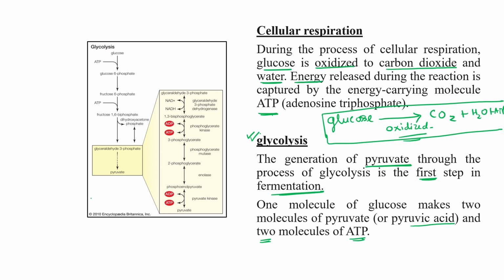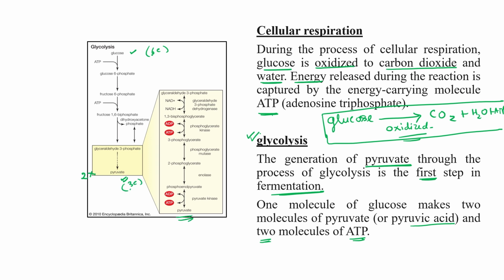We have discussed it in a very detailed way in our previous lecture, where glucose gets converted into pyruvate: glucose to glucose 6-phosphate, then fructose 6-phosphate, then fructose 1,6-phosphate, and so on. This 6 carbon molecule gets converted into 2 molecules of 3 carbon molecule, that is pyruvic acid.